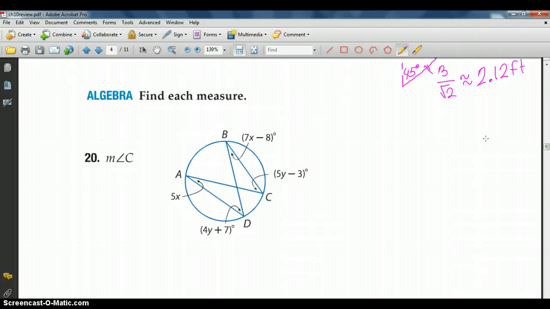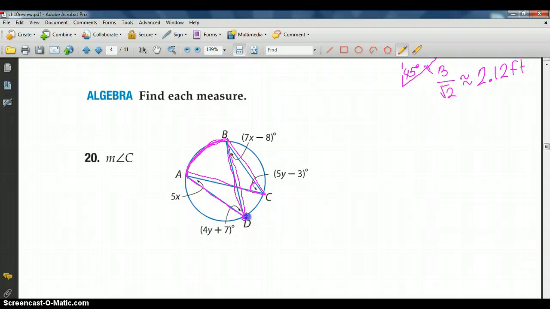Number 20. Find the measure of angle C. What do we know? We know that angle C, its sides intercept this arc AB. Is there another angle that intercepts the same arc? Yes. Angle D does.